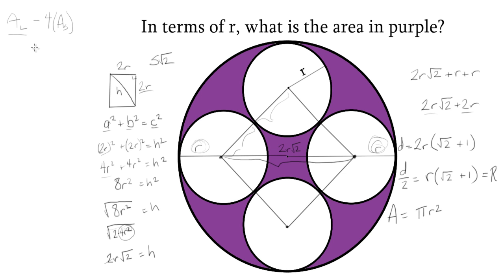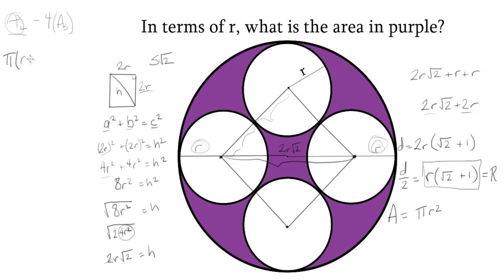So, the area of my larger circle will be pi, and my radius will be this term right here.